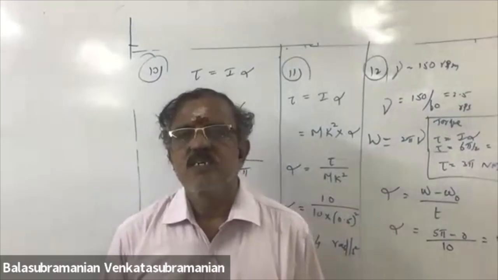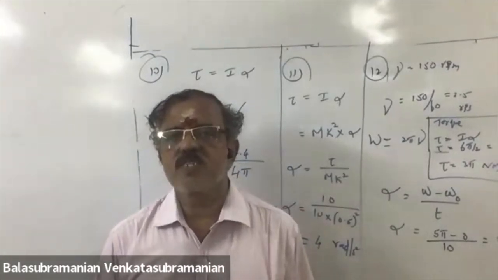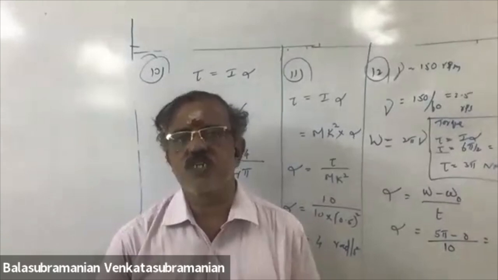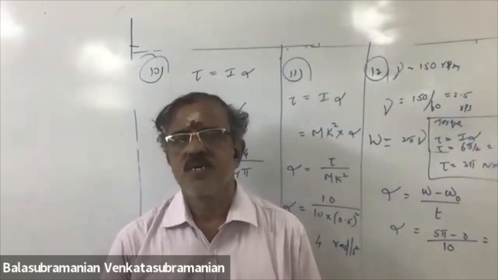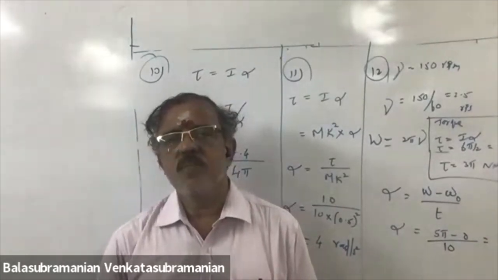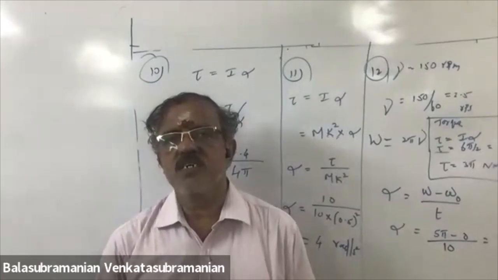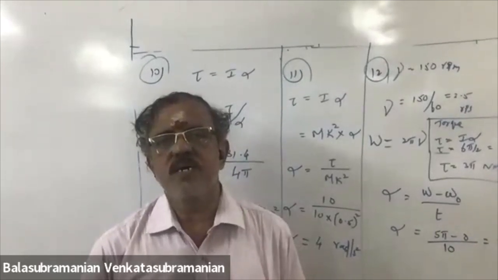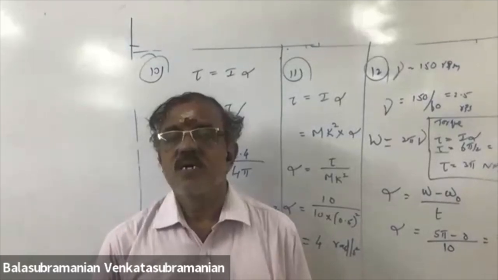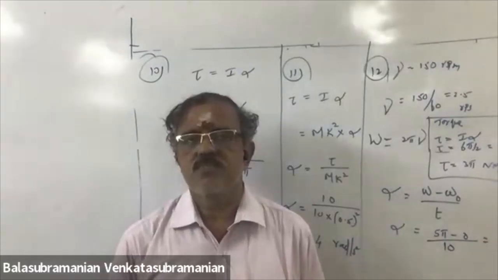This is the first part of system of particles and rotational motion related problems. Next, we are going to see moment of inertia of a disk, ring, sphere, all these related problems. Thank you.